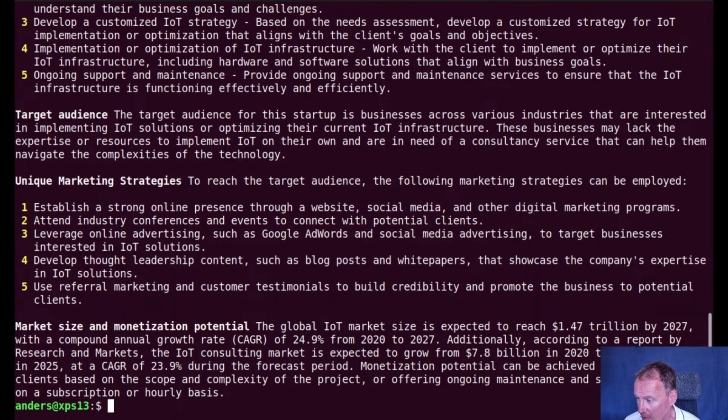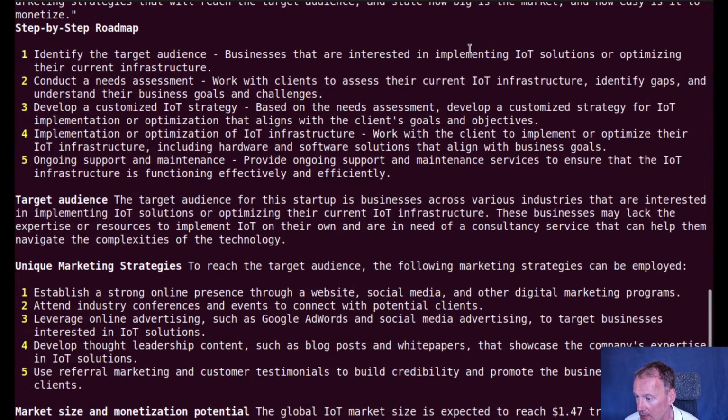Okay, so it's time to start rating these things. The roadmap as such, it's kind of a good roadmap, but it's very broad and generic.